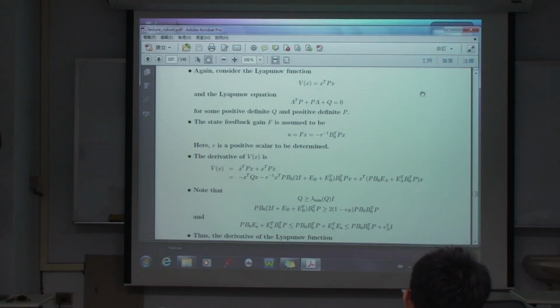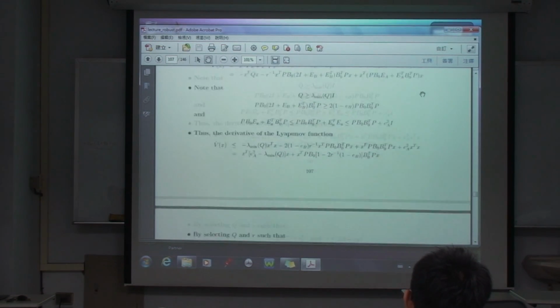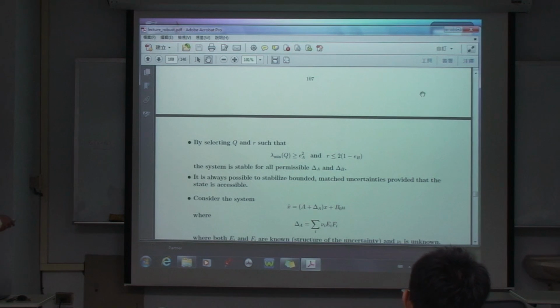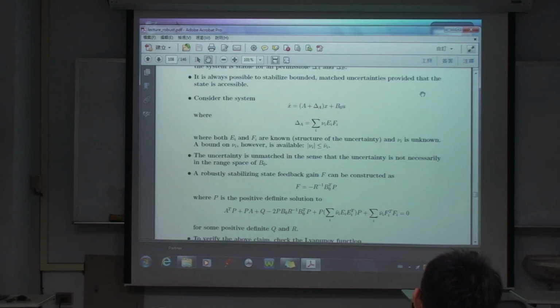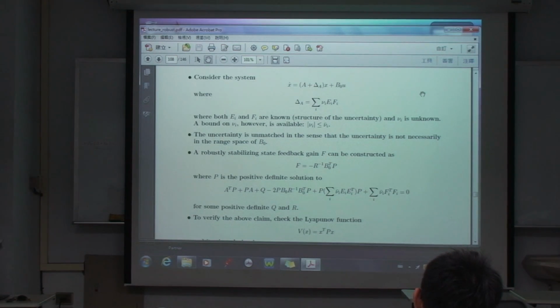And why is this statement important? Because if you relax this, or this, then you may not be able to assure this kind of performance or this kind of robustness. And as an example, we can look at this.